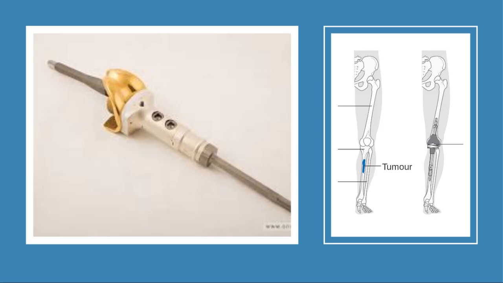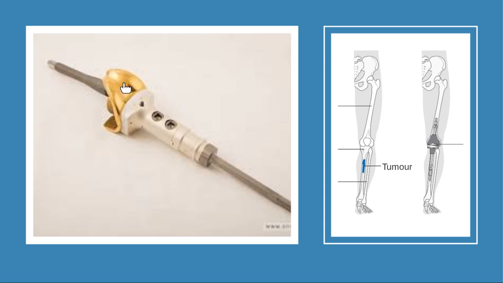Now, what are some of these limb sparing procedures? If you look over here, say you have a tumor present in the proximal tibia. Now you can actually resect the proximal tibia, right? And you can fit the patient with what they call a mega prosthesis or a tumor prosthesis. And this is what it looks like here.